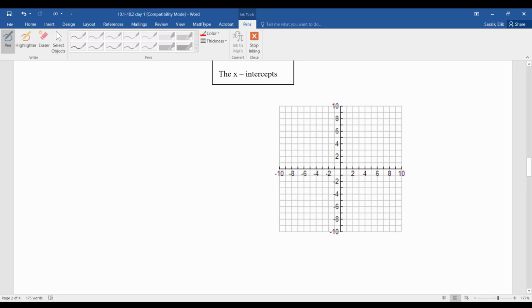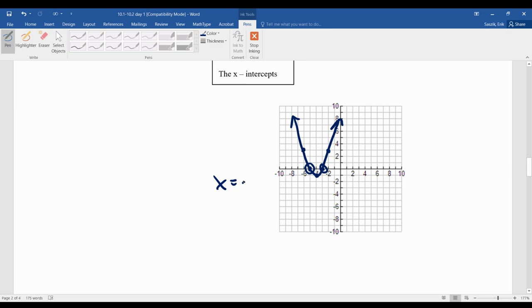So now let's just say I gave you a graph like this. Clearly, those are my solutions.